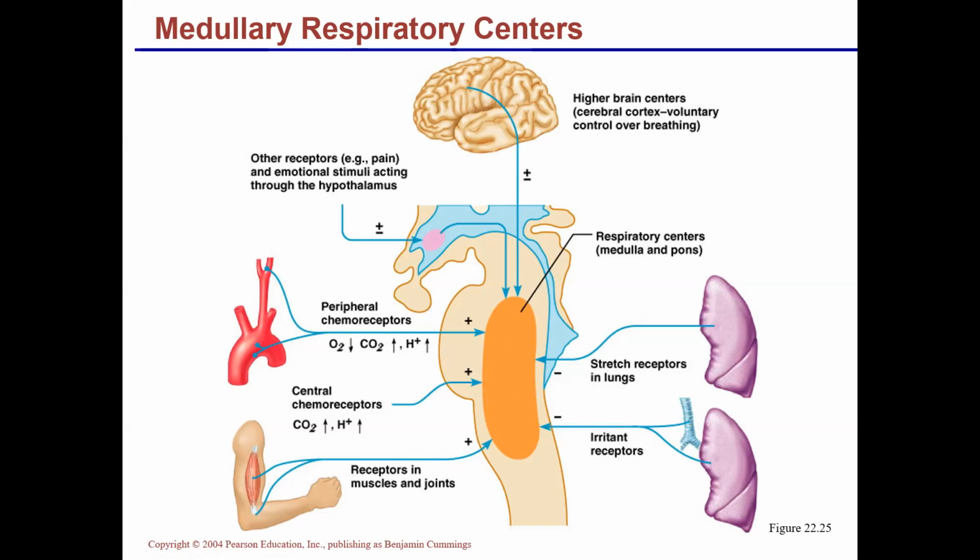Normally it's the CO2 concentration that determines your respiration pattern, how fast and how deep you breathe. Unless your oxygen is very, very low, or unless the CO2 sensors are not working well, then the control can switch to the oxygen controlled pattern.